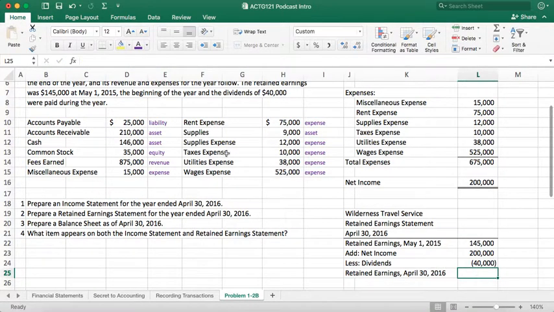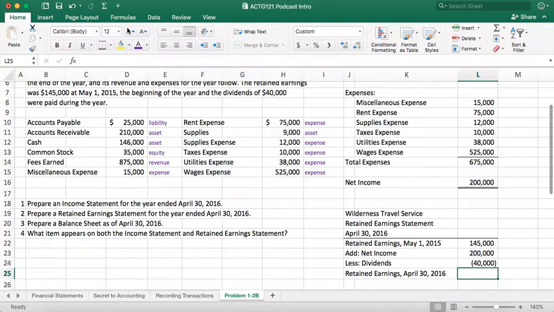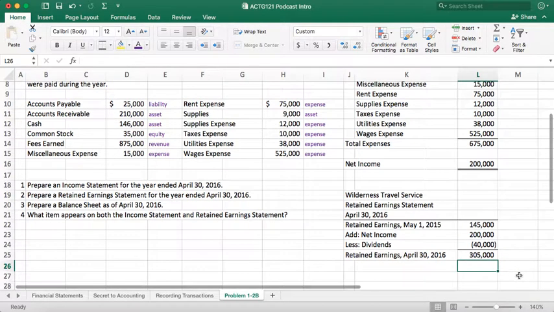So let's go ahead and do that. We net all those numbers. We take 145, add that to 200, and subtract 40,000, and we get $305,000. So with that, again, I'm going to pause.